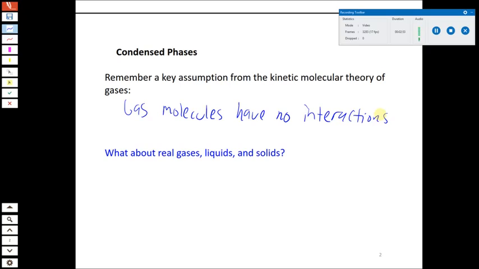Now, what we saw at the end of that chapter with real gases, and what we're going to be talking about a lot today in the context of liquids and solids, especially liquids today, is that there are actual interacting forces, attractive forces primarily.